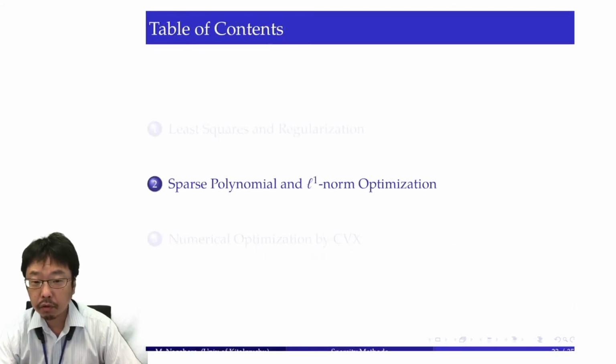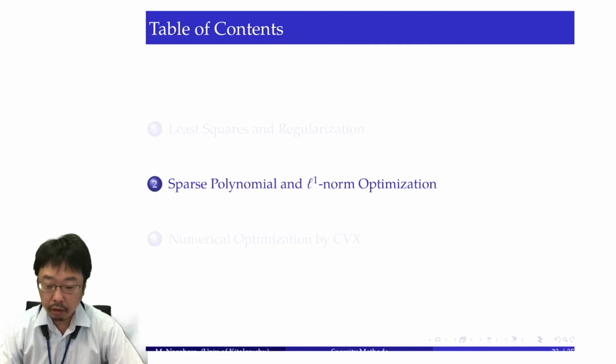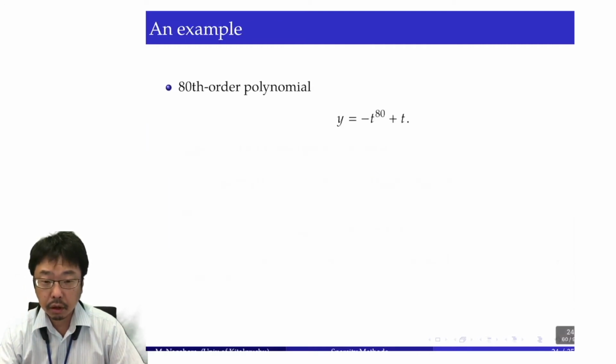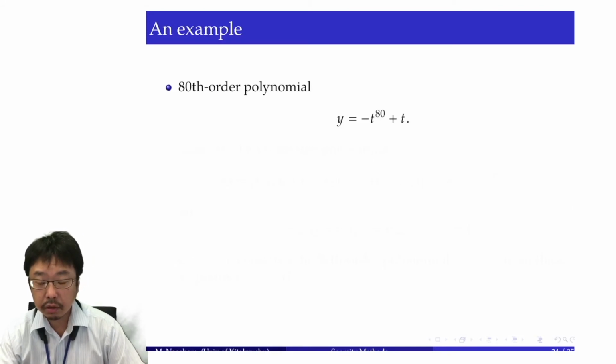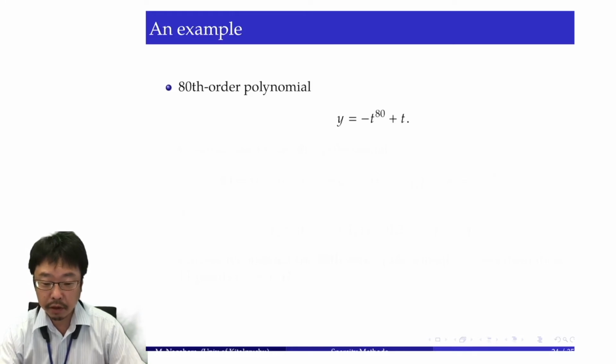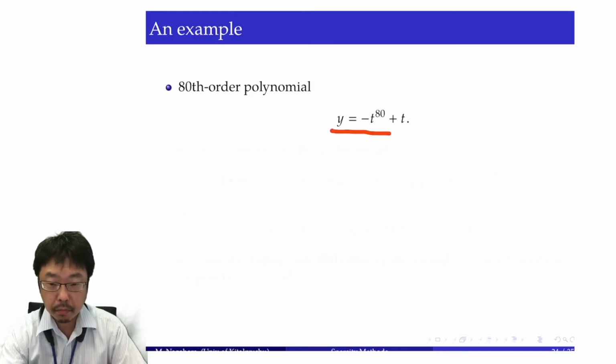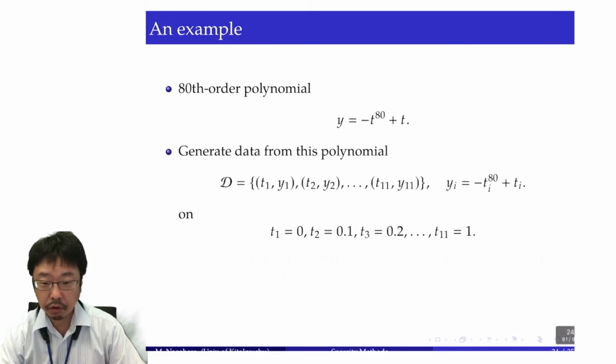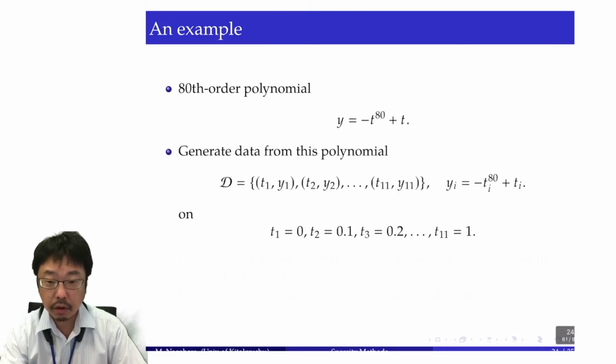Now we move on to sparse polynomial and L1 norm optimization. Here we consider another example with 8th order polynomial given by this. We generate data from this polynomial like this.